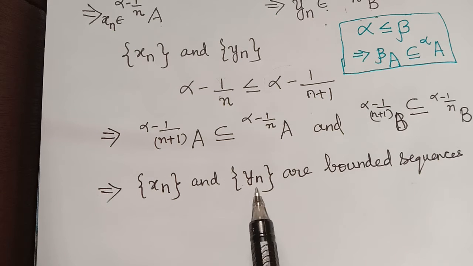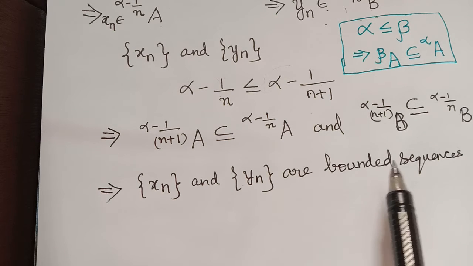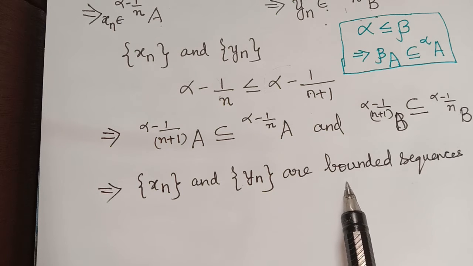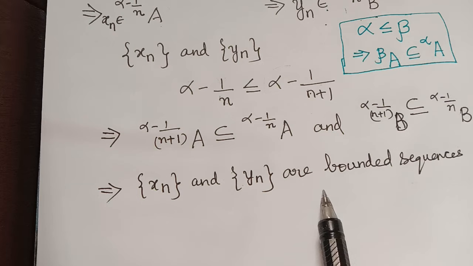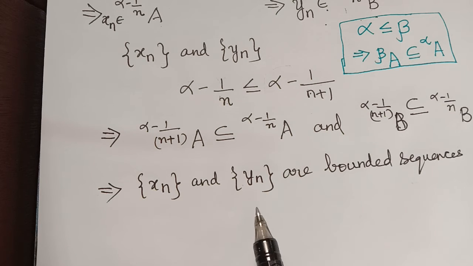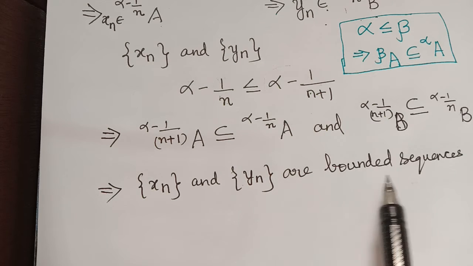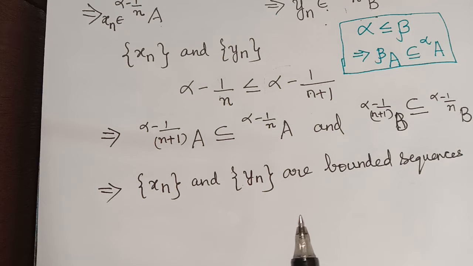We know that a bounded sequence need not be convergent, but there is a theorem in analysis which says that every bounded sequence has a convergent subsequence. That is the concept that we know from analysis.